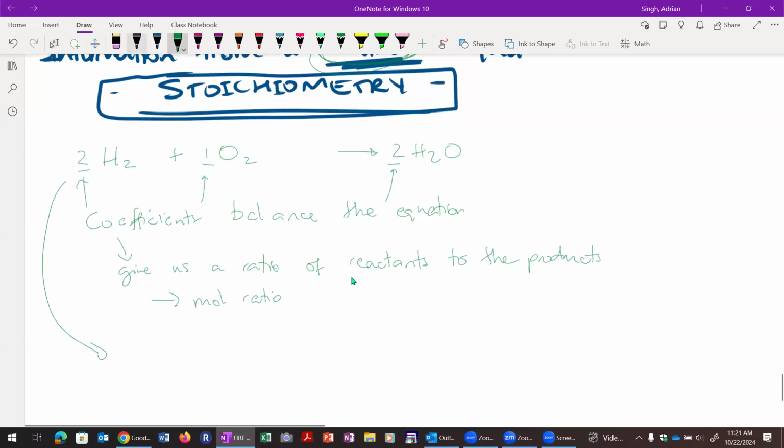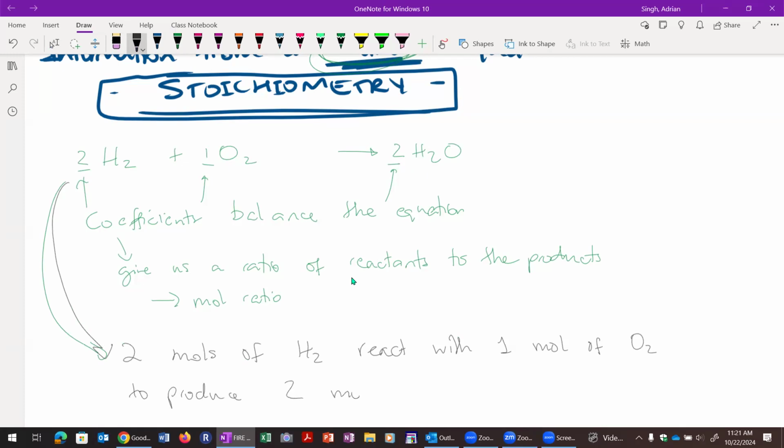I can say, based on this balanced equation, that 2 moles of H2, hydrogen, react with 1 mole of oxygen, O2, to produce 2 moles of H2O, right?